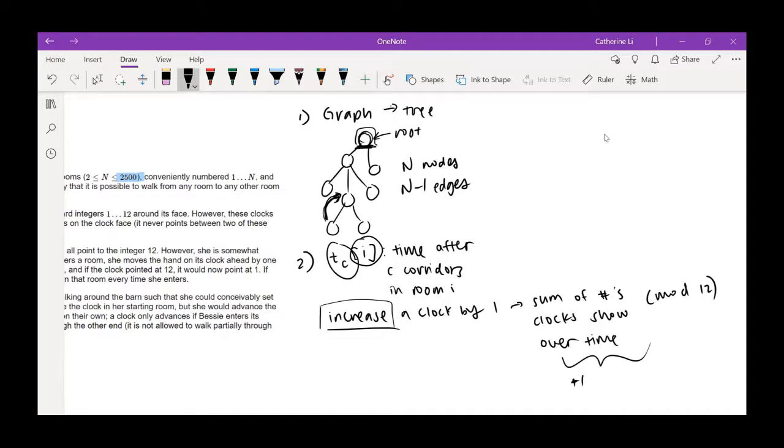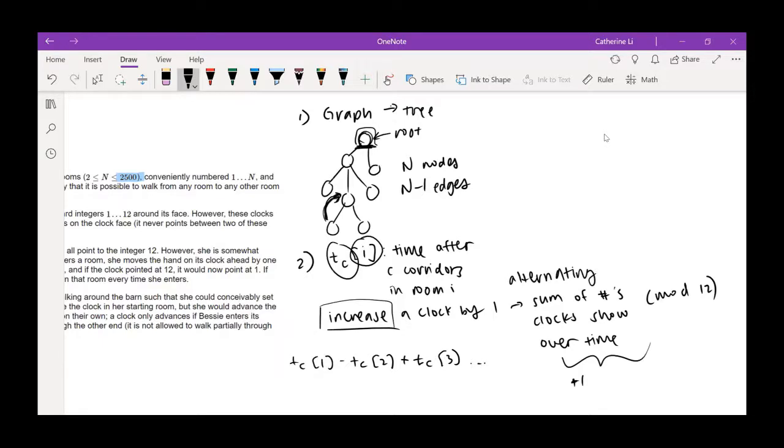But yeah, the idea instead of using just the sum is that we're going to use the alternating sum. So alternating is not in the sense of the node numbers, like we're not going to do T_C of 1 minus T_C of 2 plus T_C of 3 and so on.